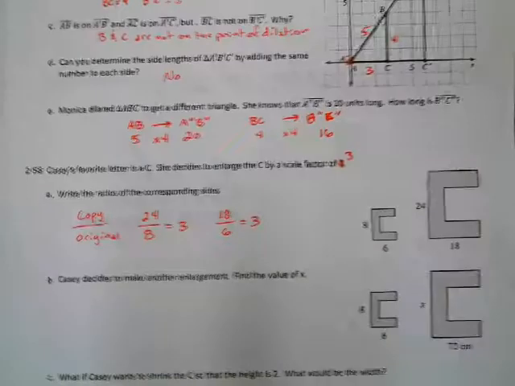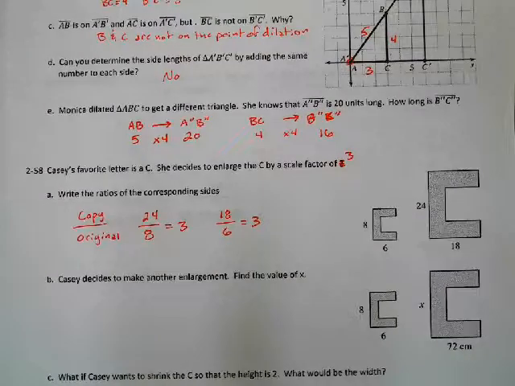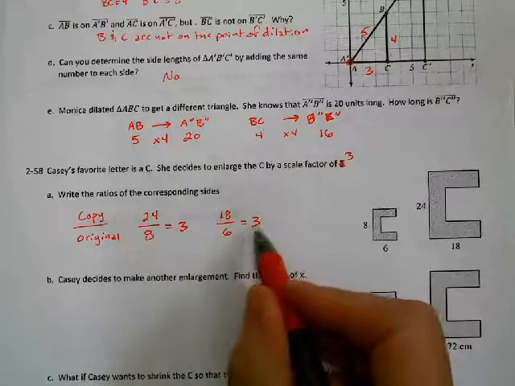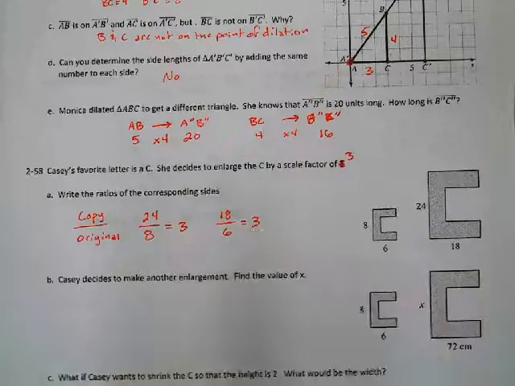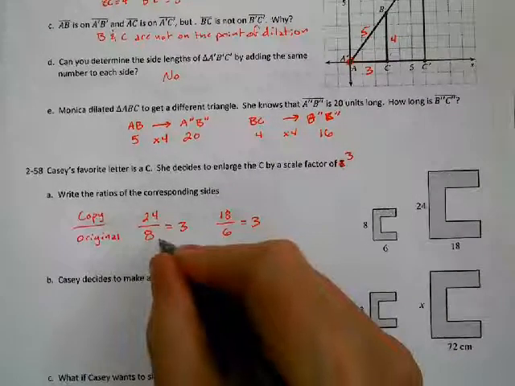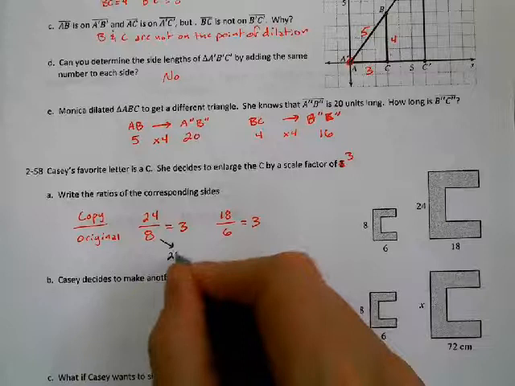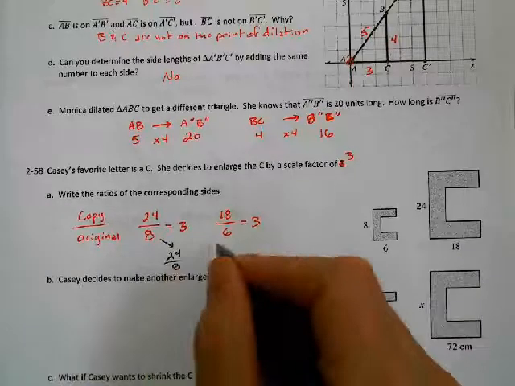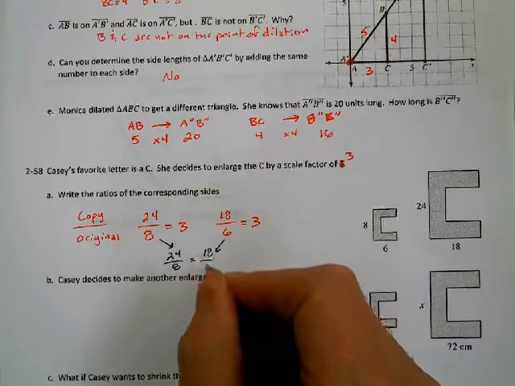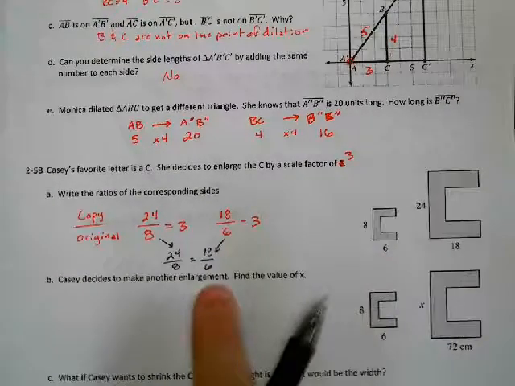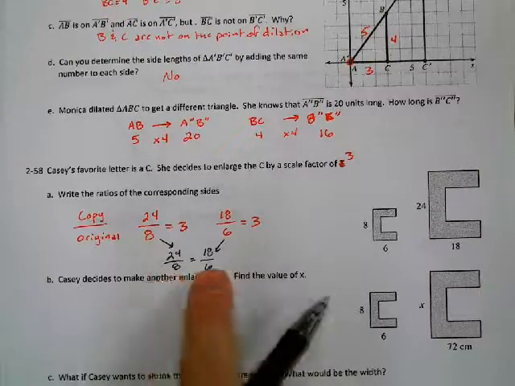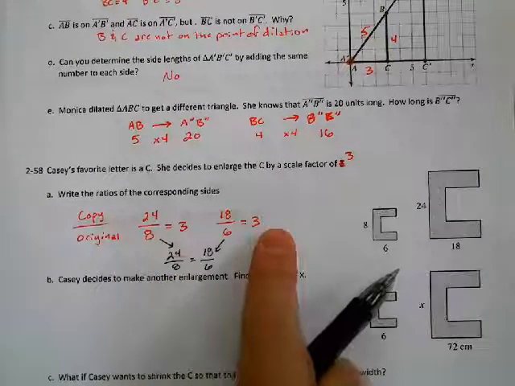This is what it means for them to be proportional, that the fractions of the corresponding sides always equal the same amount. Therefore, what we can do on these problems is we can say this fraction of 24 over 8 is going to be equal to this fraction of 18 over 6. And that's going to happen anytime we match up the corresponding sides. They're always going to be equal fractions. 3 equals 3, 24 over 8 equals 18 over 6.